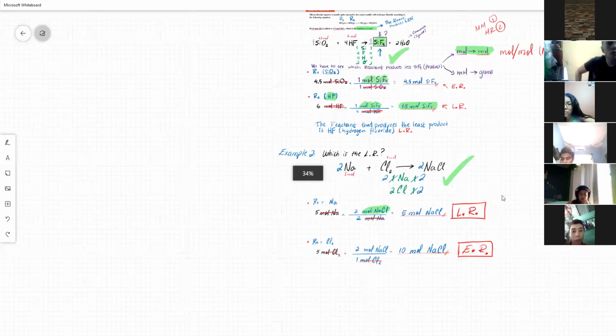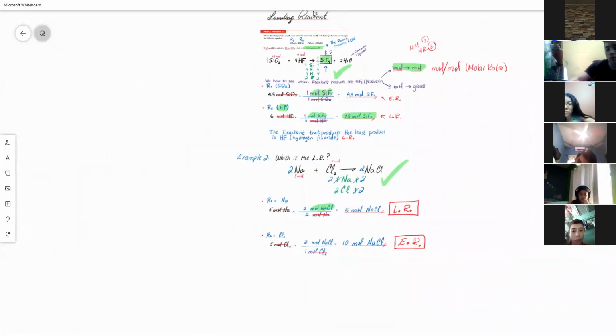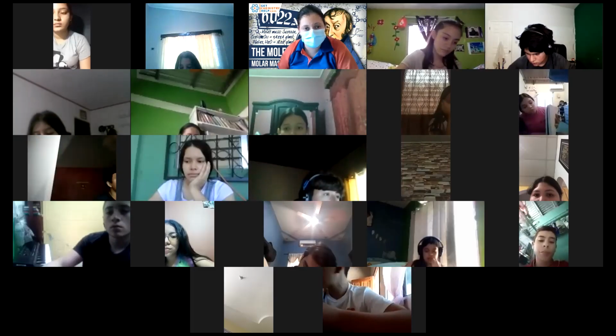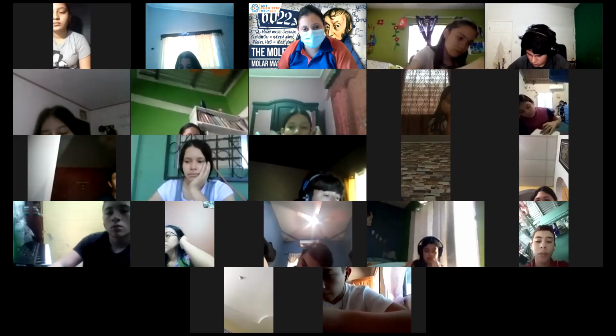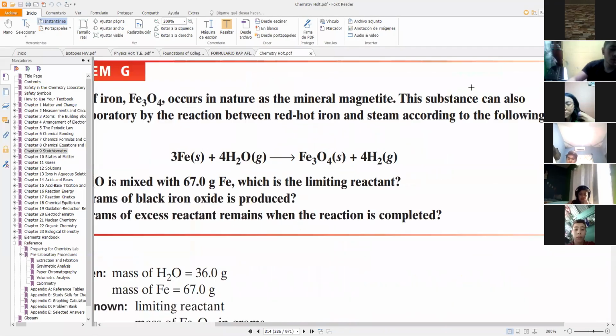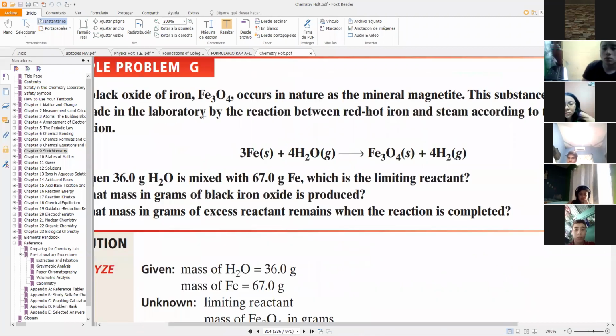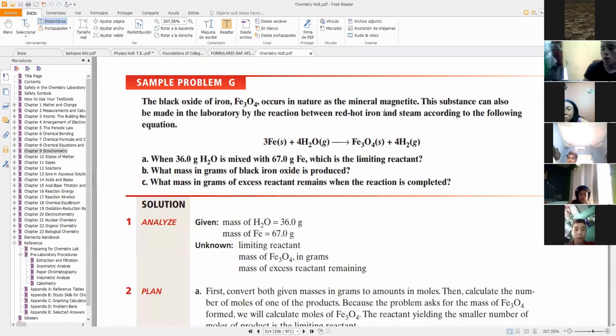Let me show you something. For example, this one, I'm not doing it because of the time. This problem has 3 questions, so it has 3 procedures. It's like having 3 exercises in one. So I'm not going to teach it today, but just for you to know.